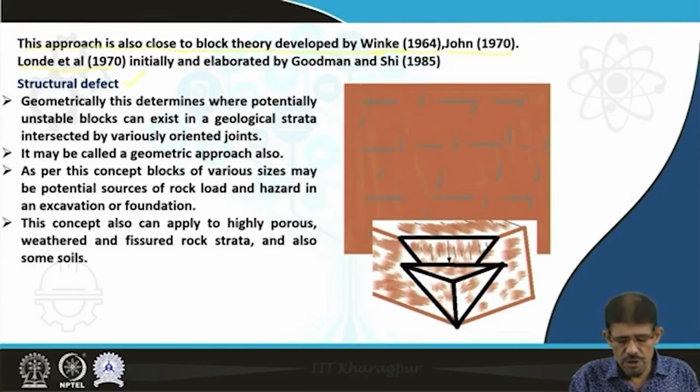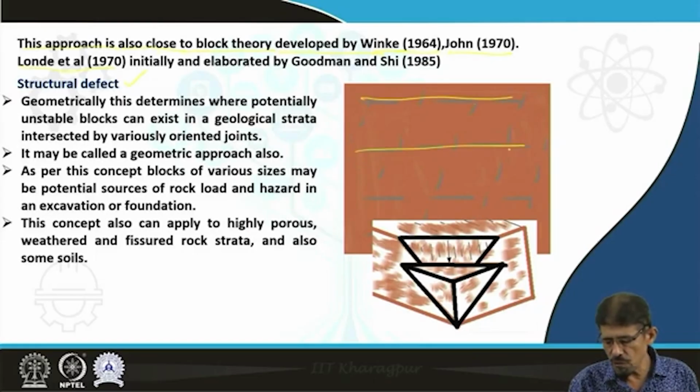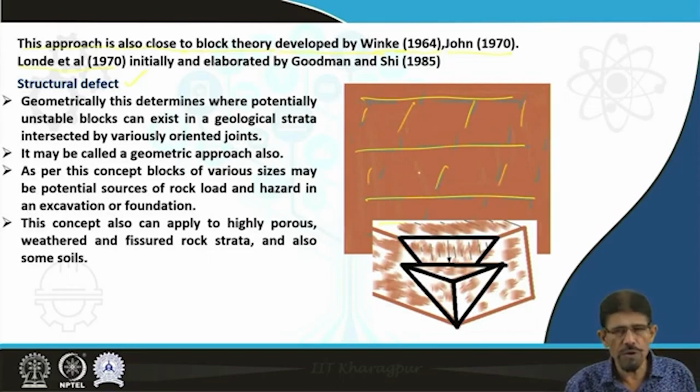What is the structural defect approach? When we take strata having some discontinuity, or belonging to different geoground conditions, then according to this concept there is a formation of geometrical blocks of rocks.